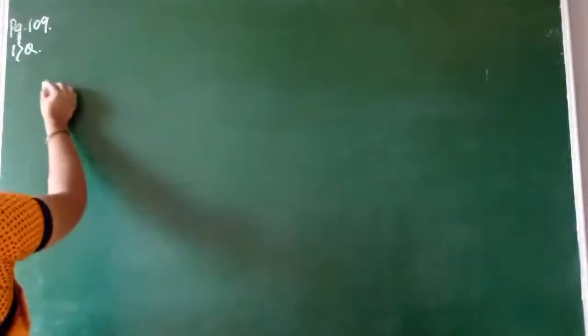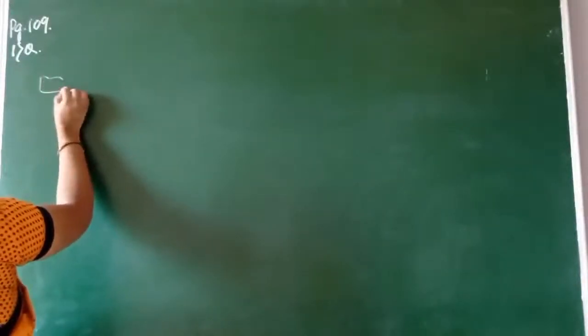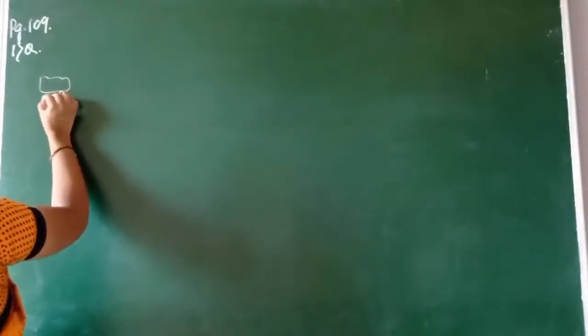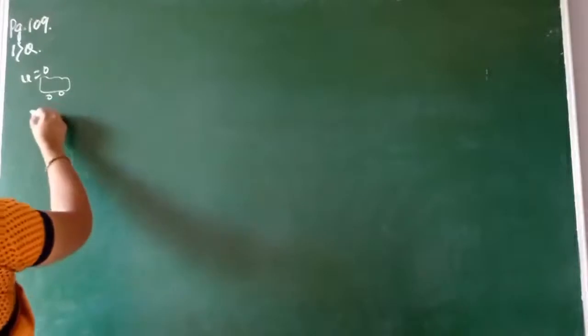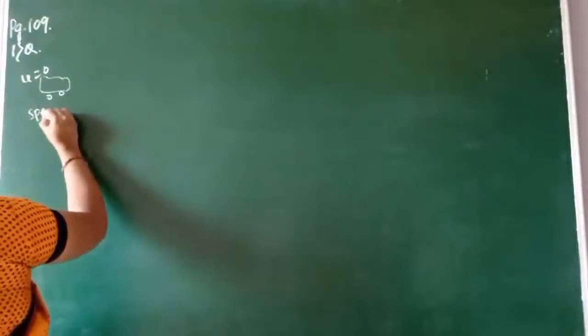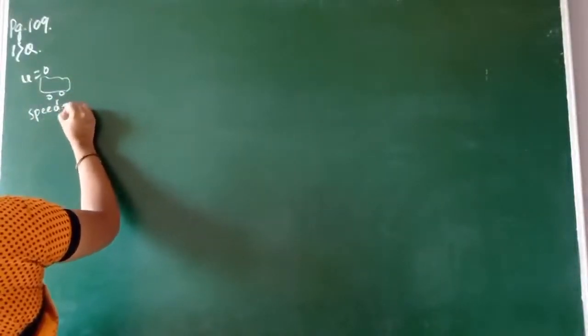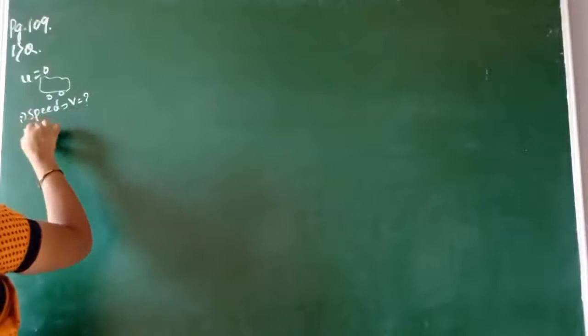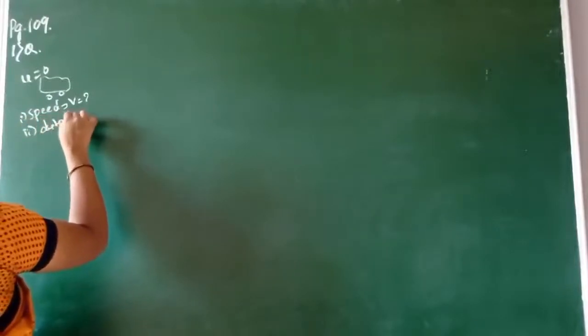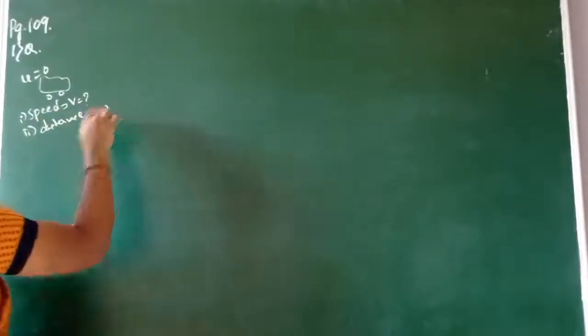Clearly they are saying that, let us imagine this is a bus, isn't it? It is starting from rest, then its initial velocity will be 0. We need to calculate its speed, means it will travel slow, and that speed, in terms of v, we have to calculate. And the second part of that question is what? Distance, nothing but s you have to calculate.